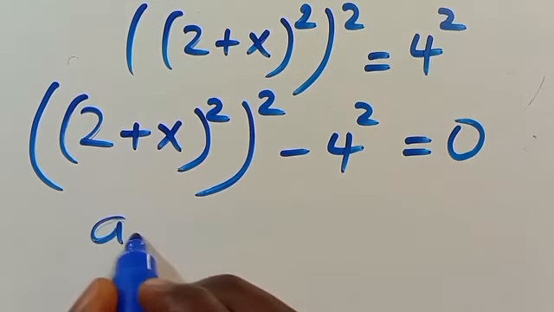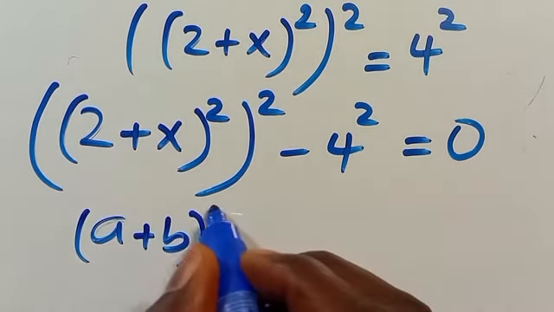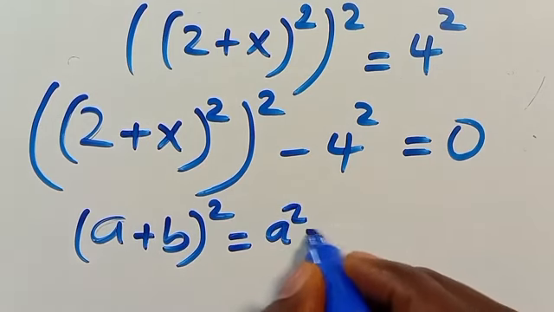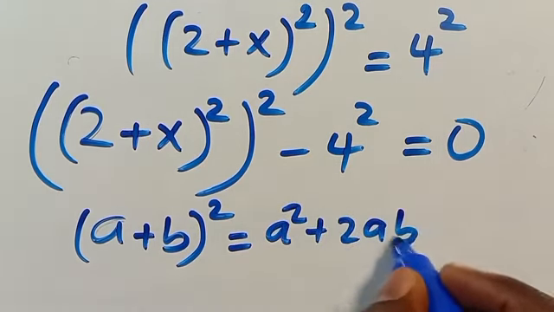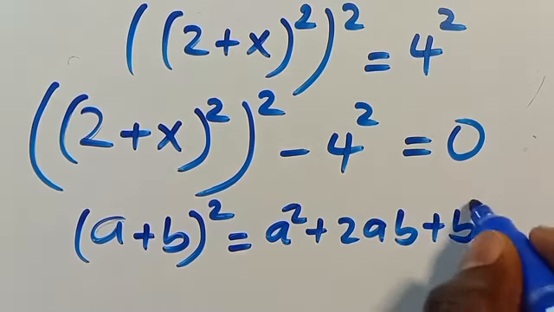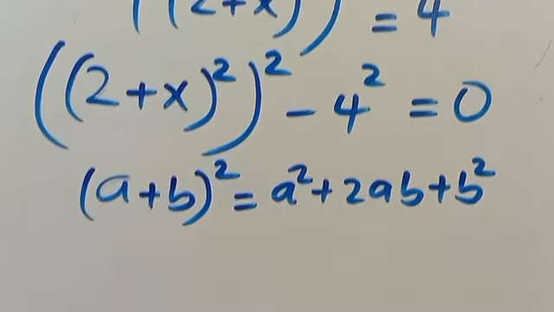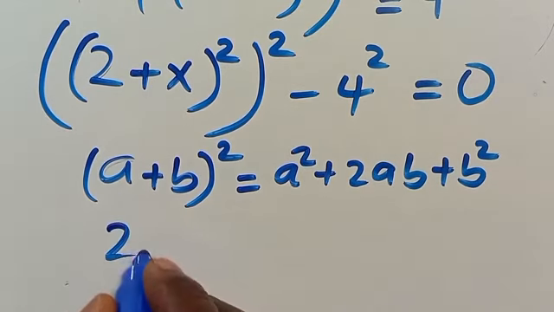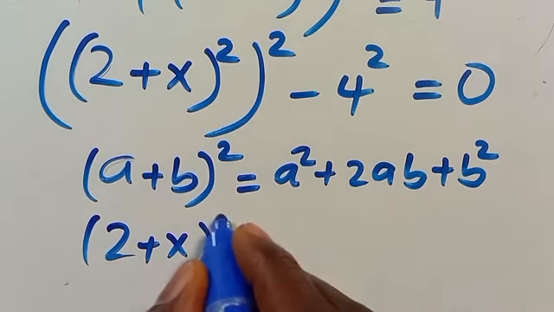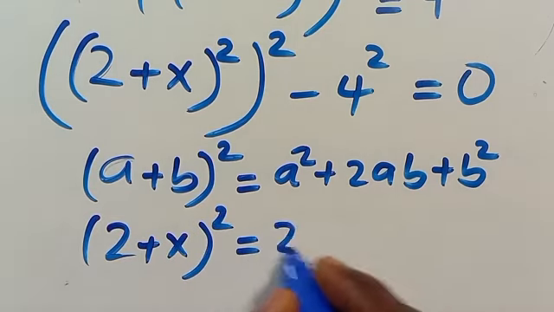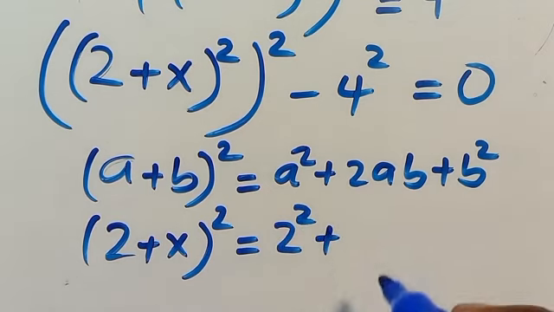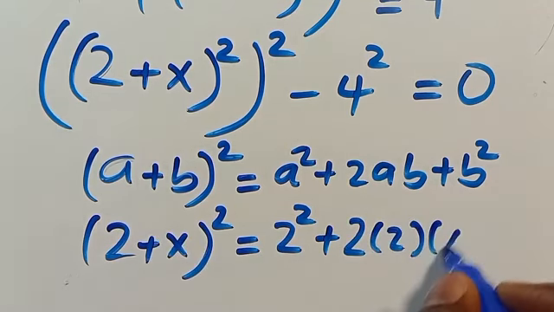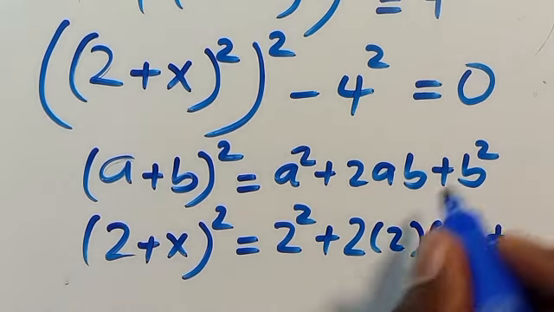When we have (a + b)^2, this can be simplified as a^2 + 2ab + b^2. So when we have (2 + x)^2, this will be 2^2 + 2 times 2 times x + x^2, where a is 2 and b is x.